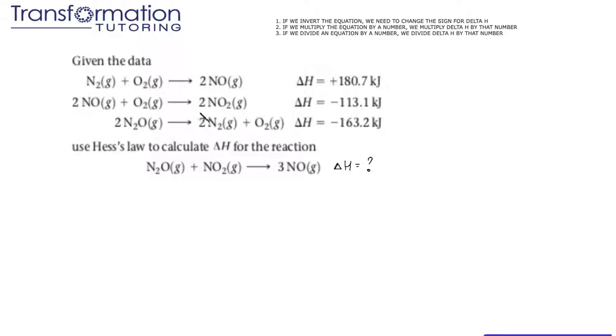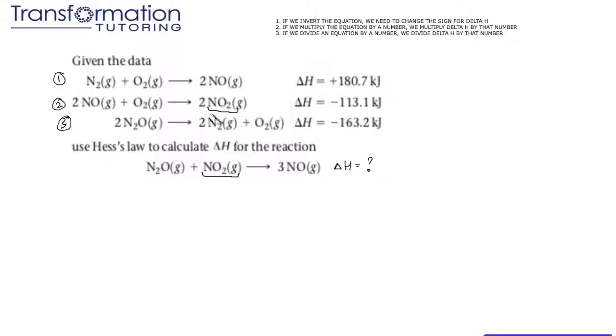In number 2, we can notice there is a unique molecule. The molecule that the second equation has is NO2. We can see that we have NO2 in the equation that we're looking for, and we can see that none of the other equations, 1 or 3, have it. Let me go ahead and number them since I keep on using 1, 2, 3.